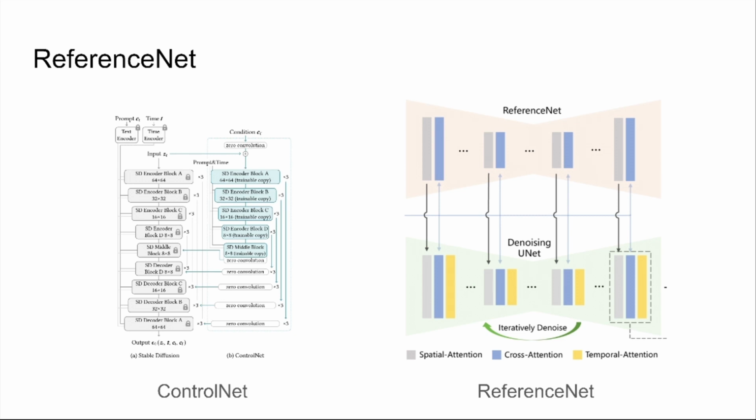So their intuition for this, I think currently there's no completely accurate answer for this, but their intuition is for ControlNet, the guidance, for example the skeleton image, the guidance itself is spatially aligned with the input image.